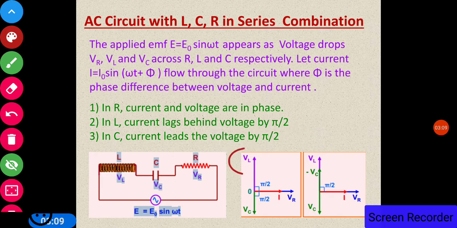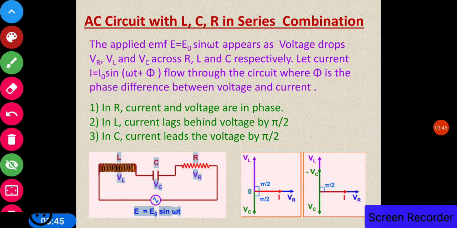So here the voltage is leading the current by angle pi by 2. If the current is in this direction, then VL will be shown 90 degrees ahead. Similarly, in a capacitor, the voltage VC will be shown 90 degrees behind the current. So we can draw the phasor diagram like this: the current and VR in the same direction, VL leading the current, and VC lagging behind the current.